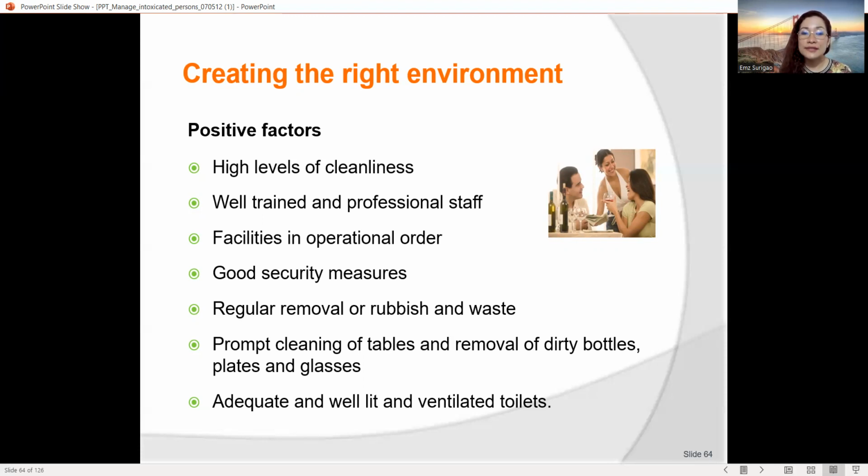Next, facilities in operational order. So you need to know what facilities can really help in times of emergency or situation. Examples, the arrangement of the furniture, the lightings, the phone that they are carrying during the operation, the visibility.